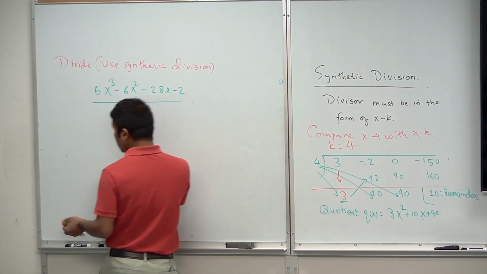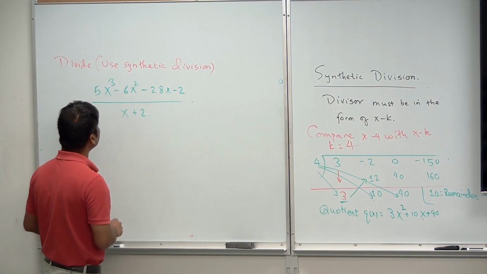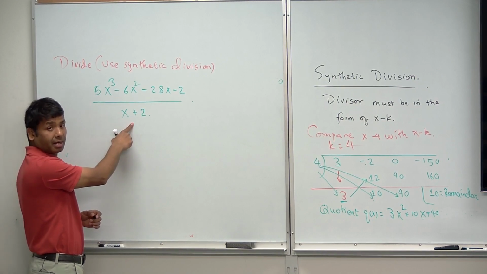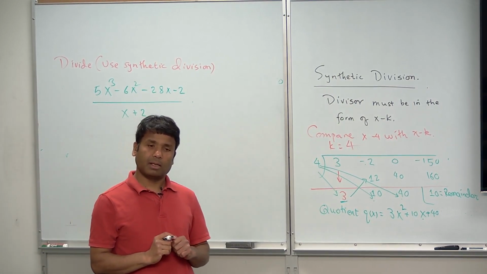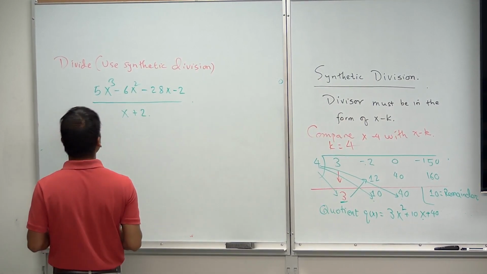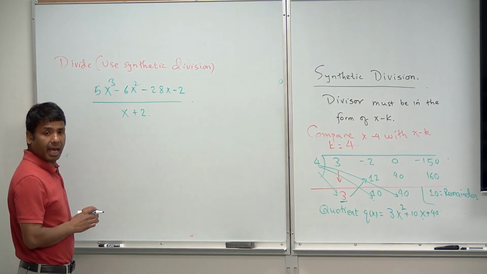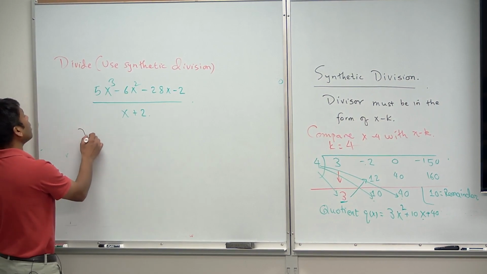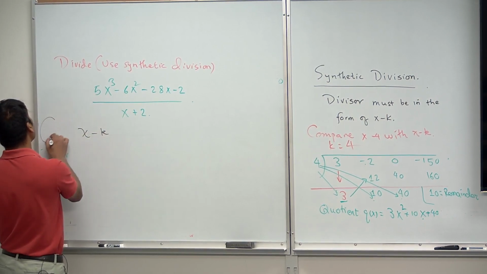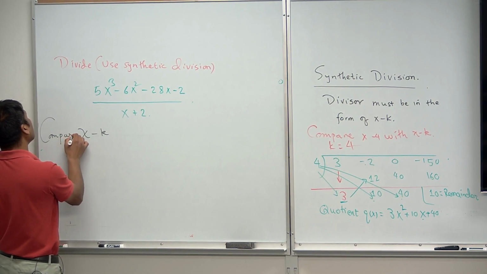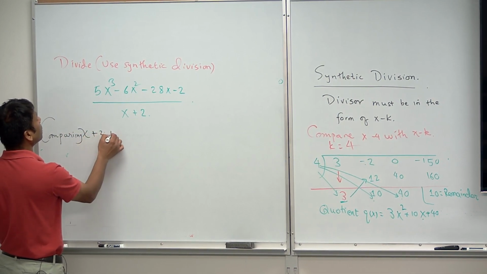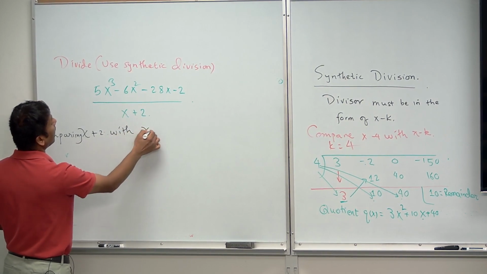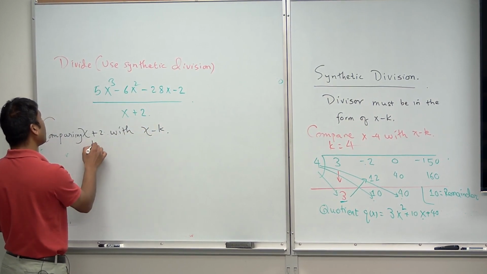Guys, you see, what is the divisor here? X plus 2, right? It should be in the form of x minus k. So is x plus 2 in the form of x minus k? Yes? So comparing x plus 2 with x minus k, what is the value of k?